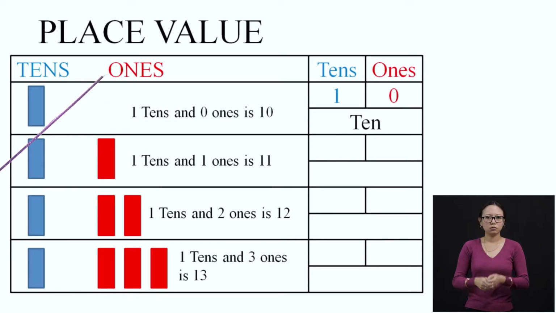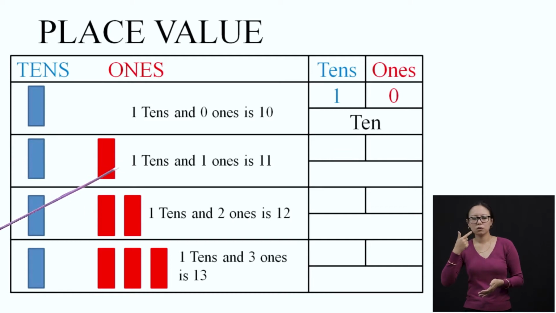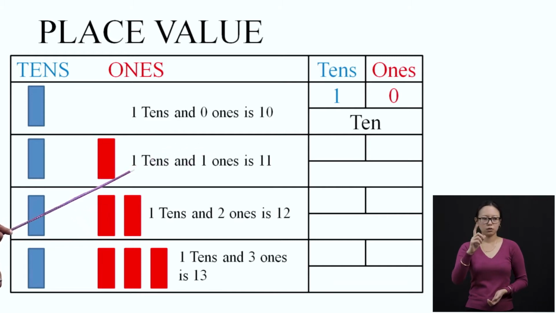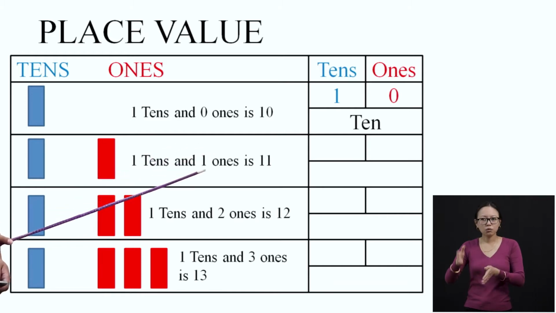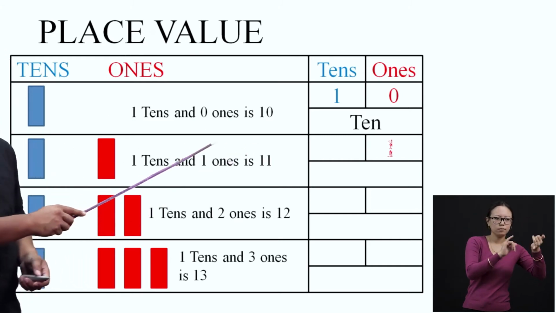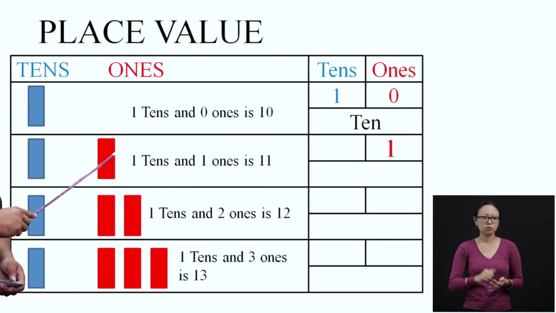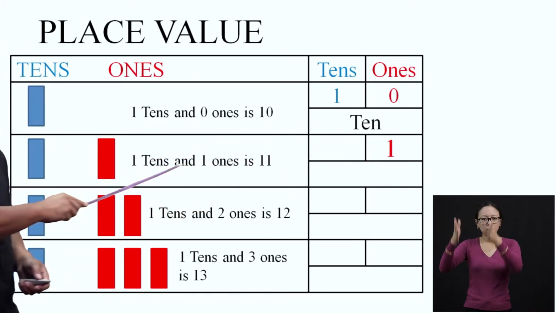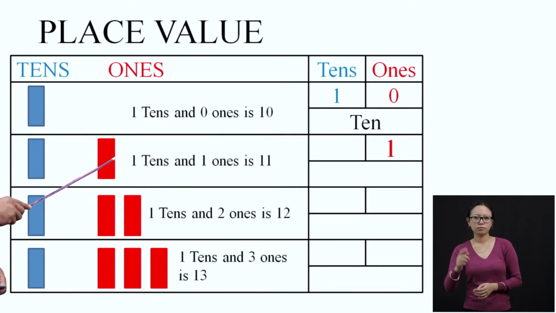In ones place, we have one red strip. So we will write 1/1s, okay? So when we combine 1 and 1, it forms 11, okay? So if you solve this, in ones place, we will write it as 1 because there's a red strip here, one red strip.